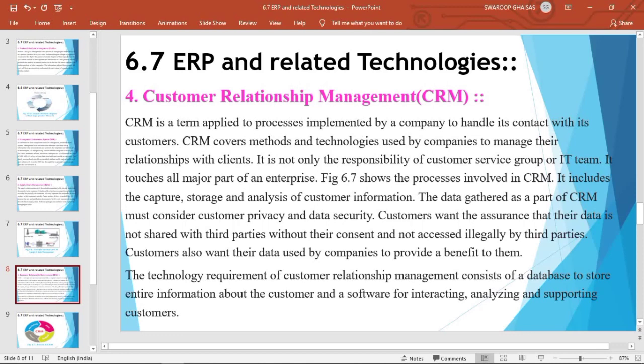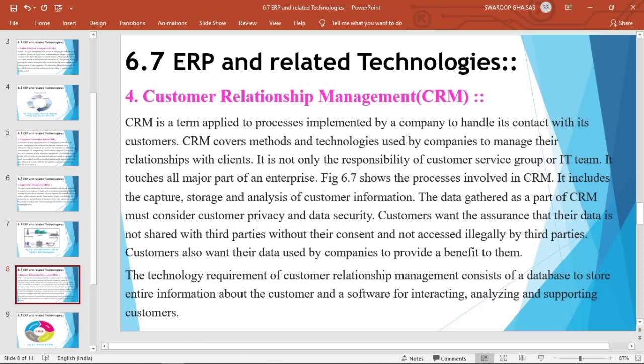It includes capture, storage and analysis of the customer information. The base of this CRM is to collect the data, collect the information from the customer. So it captures the information, stores that information and then analyzes the customer information. We take feedback from a customer, that is nothing but capturing the information.